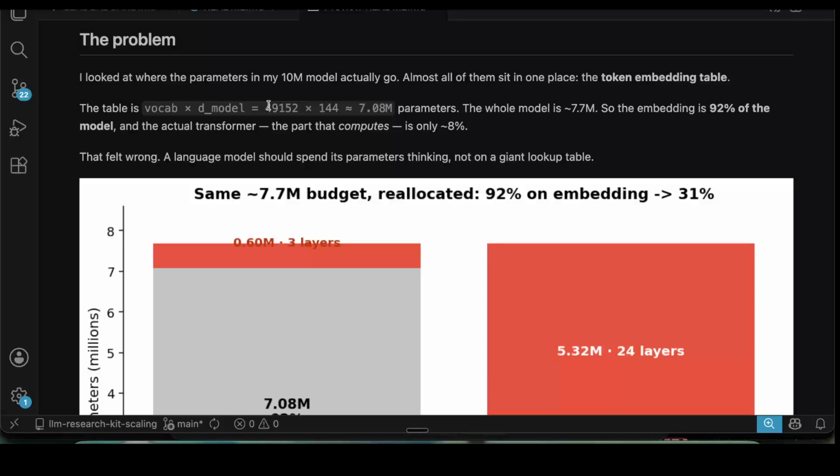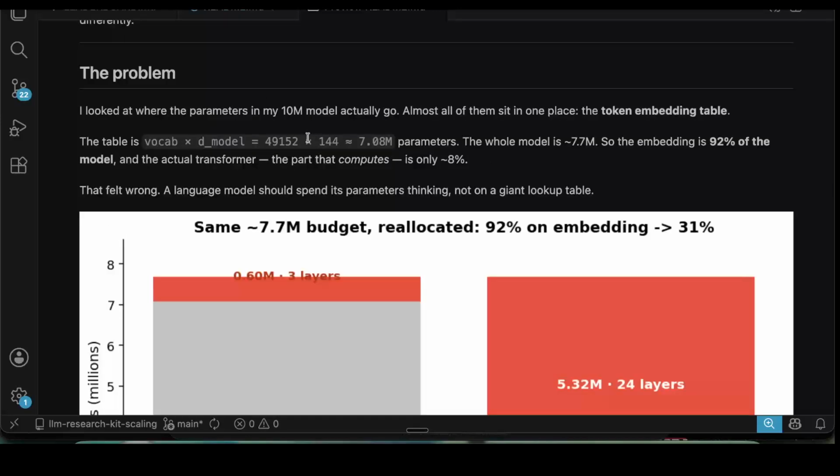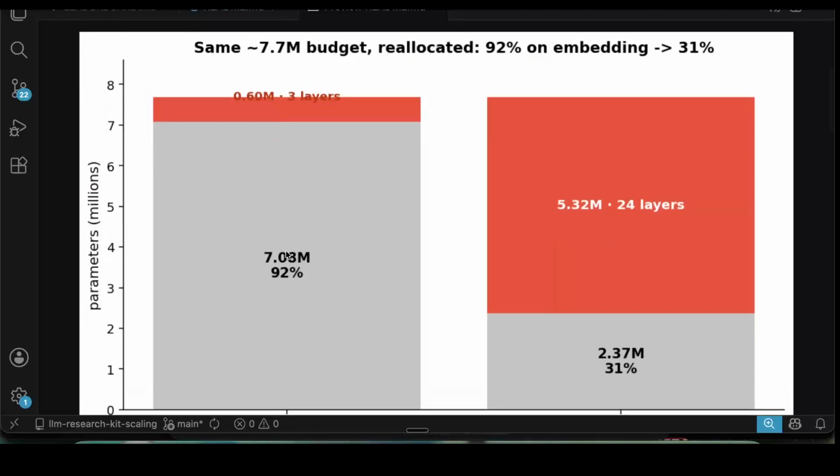Basically, we want to use some math trick or neural network trick to let us keep this amount of tokens in the vocabulary and 144 width of the transformer. So attention and feed forward have this width, but we must allocate a lot fewer parameters to the embedding layer. And so how would you do this?